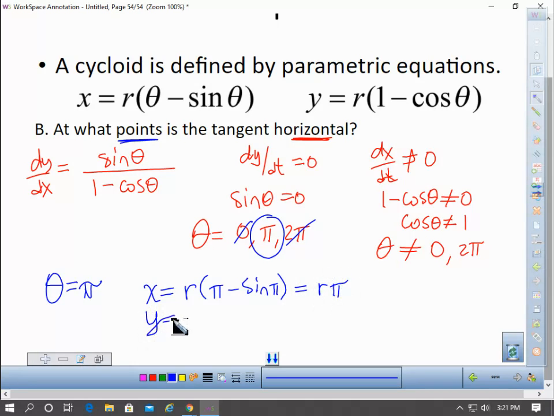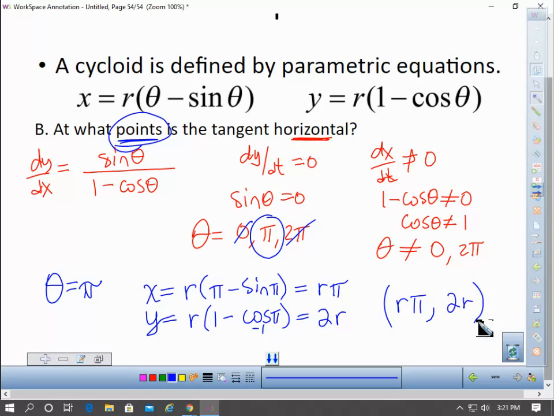To find our y coordinate, we put pi in again, so r times 1 minus cosine of pi. The cosine of pi is -1, so 1 minus -1 is 1 plus 1, which is 2r. So the point is: the x-coordinate is r pi, and the y-coordinate is 2r.